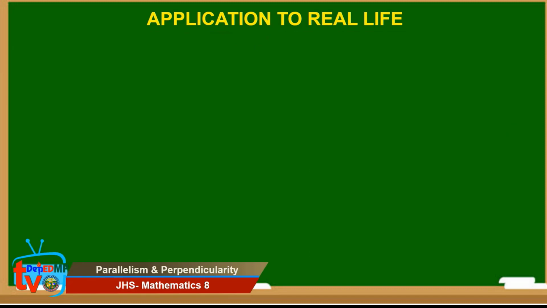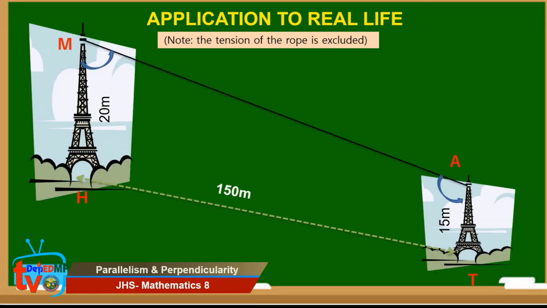Next figure. The follow-up questions will help develop your higher order thinking skills. Have you ever tried ziplining? Others call it riding in a tram line. Have you observed how the parts are connected? Consider this sample figure.